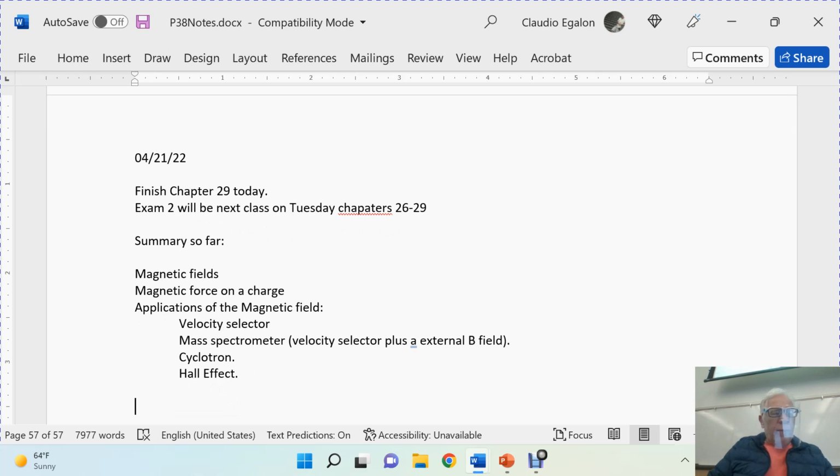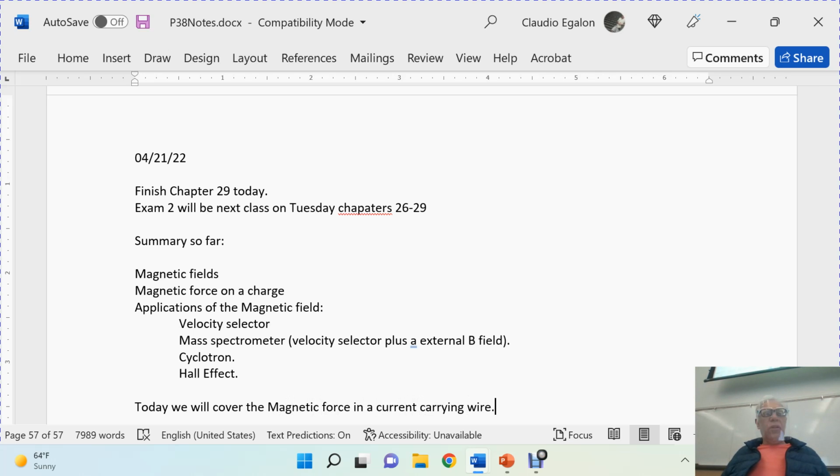That's what we covered so far. Today, we will cover the magnetic force in a current carrying wire.